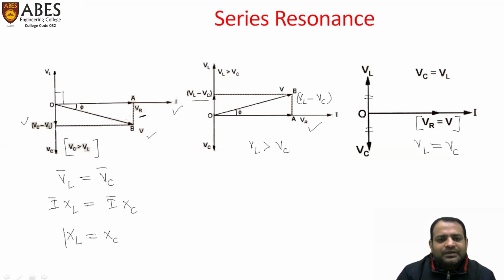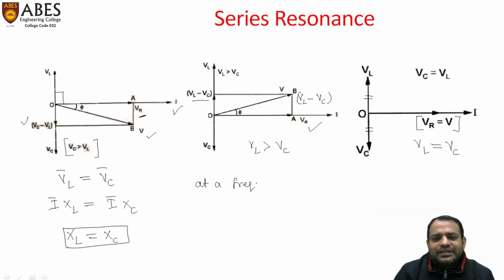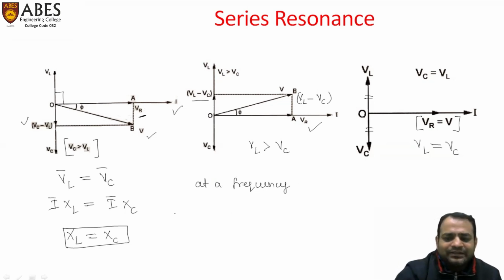So it is possible at a frequency when these two reactances are equal. So we can find out the frequency at which XL is equal to XC.